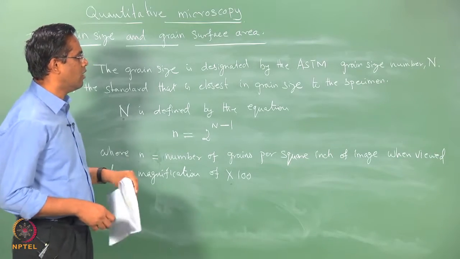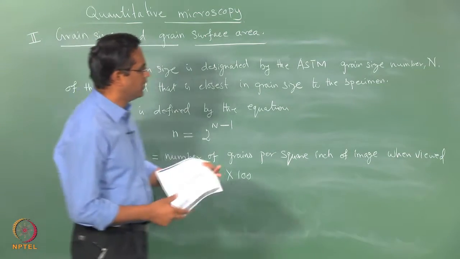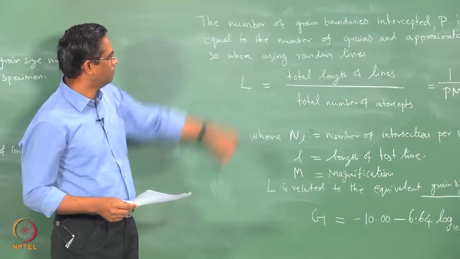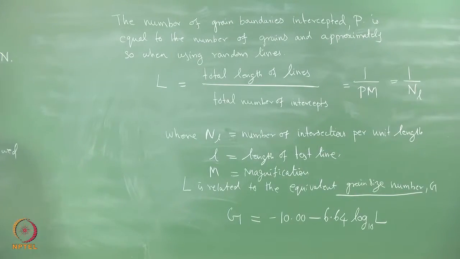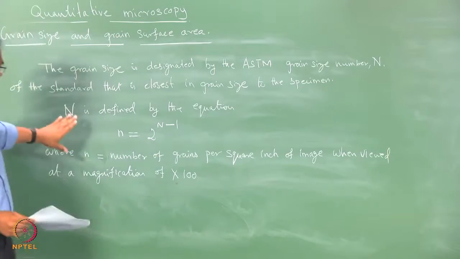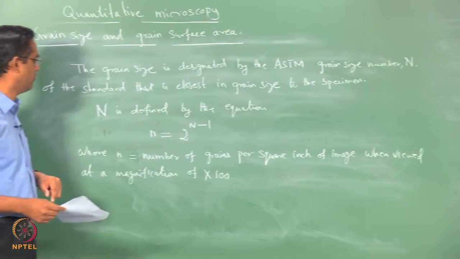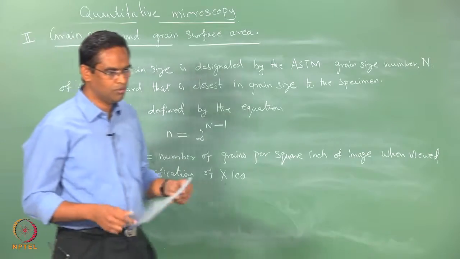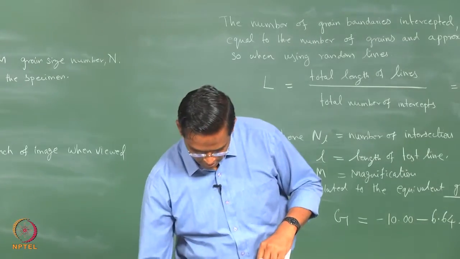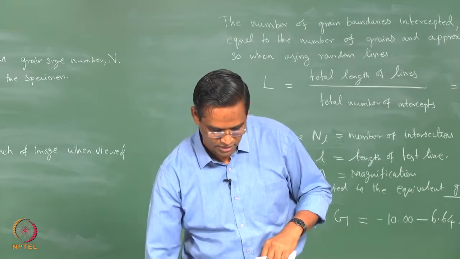So, before going into the next level of rigorous calculations of grain size, I would like to show some of the applications of this itself. Or first let me show you what I mean by this ASTM grain size number.